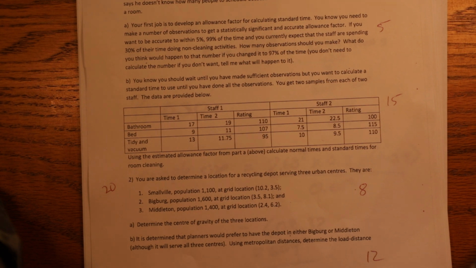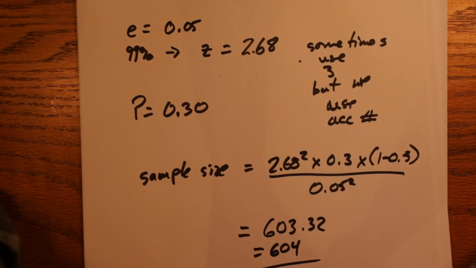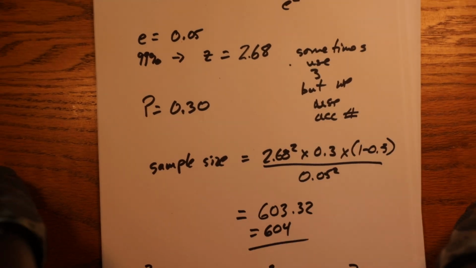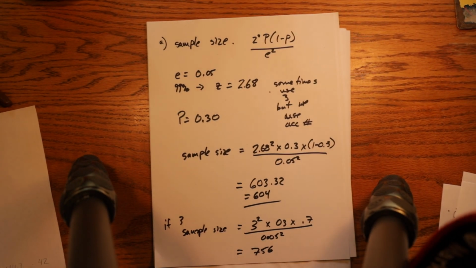The data are provided below. Using the estimated allowance factor, which was 0.3, calculate normal times and standard times for room cleaning. So let's do that. I'll write out the data again so that you can see it, and we'll keep working through.